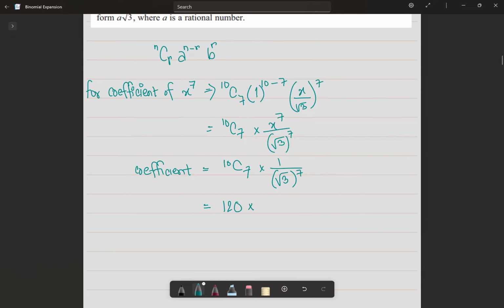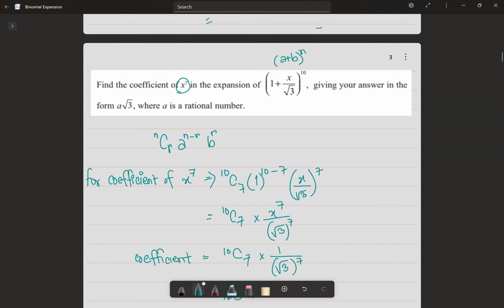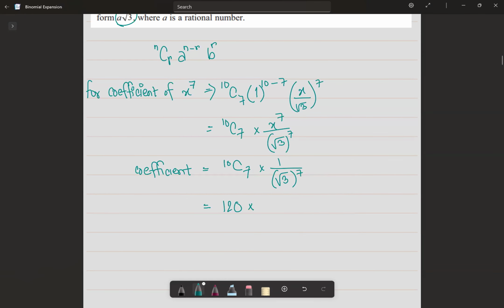Now if you put this down directly in your calculator, you are not going to get a very nice surd. But we are asked to give our answer in the form a root 3, which is somewhat an exact expression, right? So what do we do in here? We have to break this root 3 to the power 7 down manually, as we have learned.